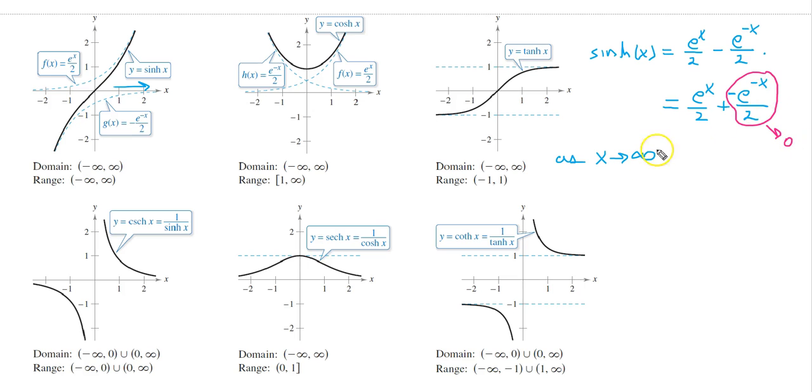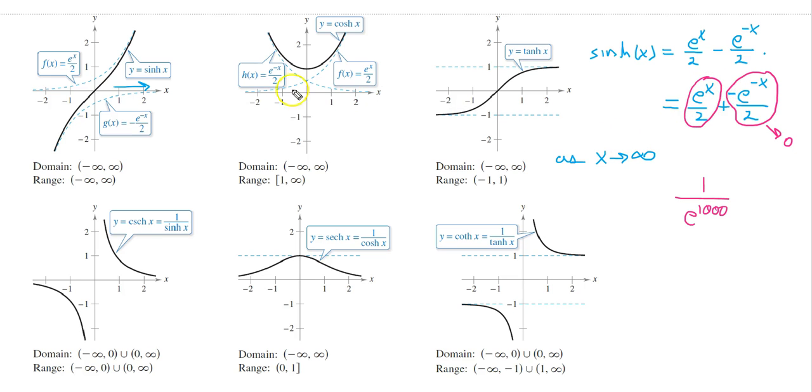Because if I put a large number in here for x, like 1,000, e to the negative 1,000 is like 1 over e to the 1,000. That's a very tiny number. So this piece is going to 0, so basically the cinch is behaving like this piece right here.